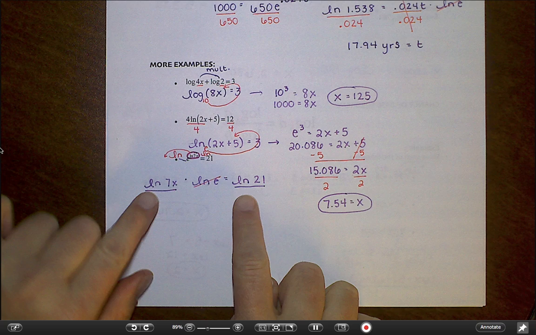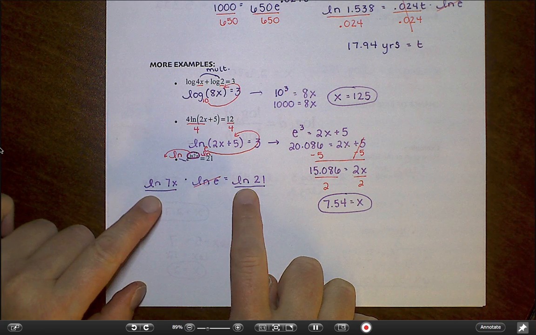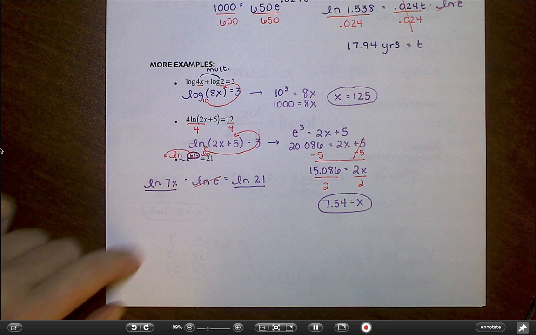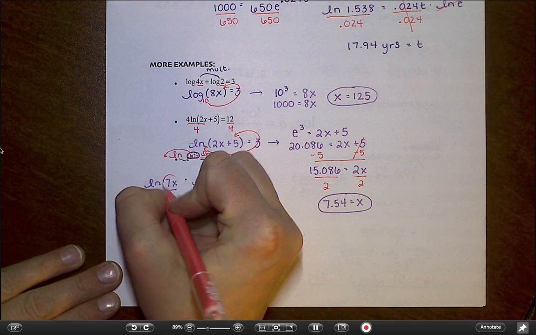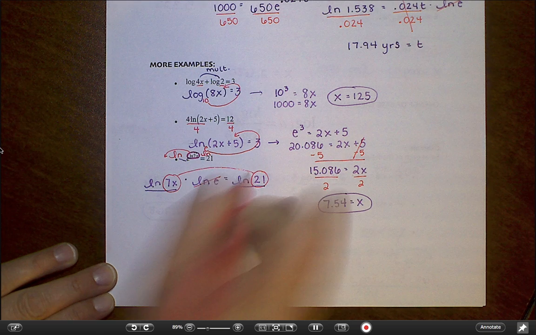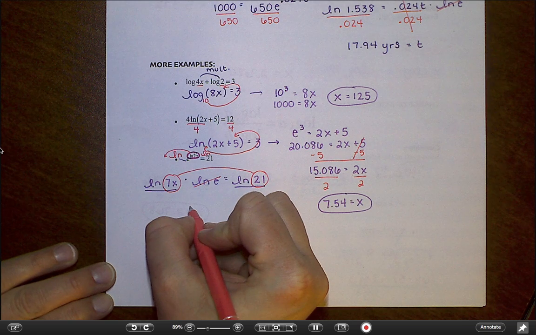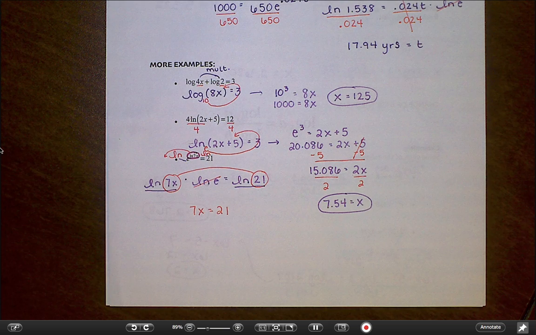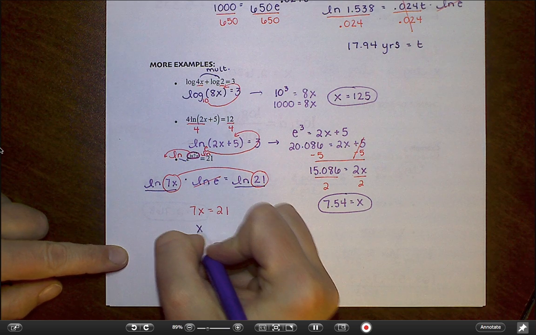Here we have a log equal to another log. If these two logs are equal to each other, then these two values must be equal to each other. So this must equal this. Okay? And so then I can say 7x must equal 21. And therefore that means x is equal to 3.